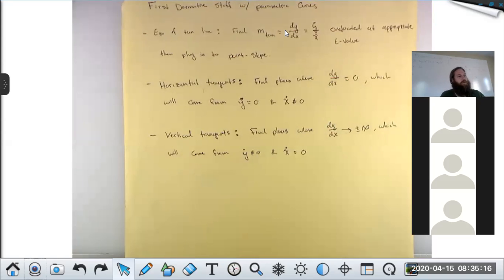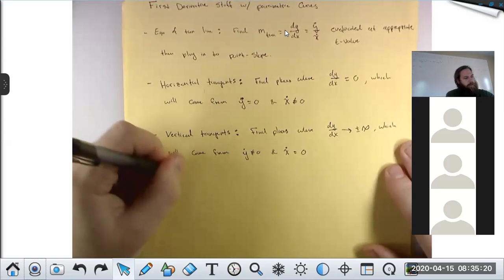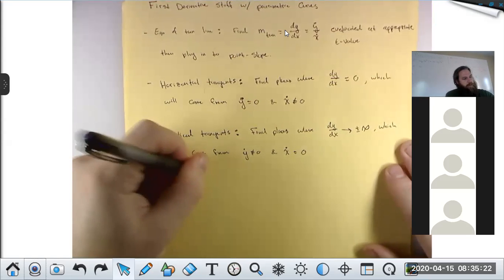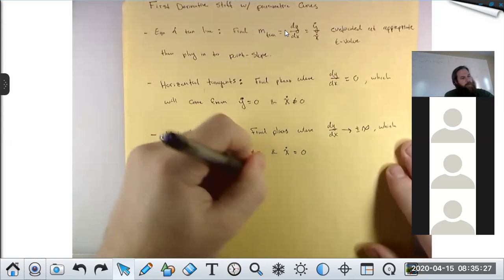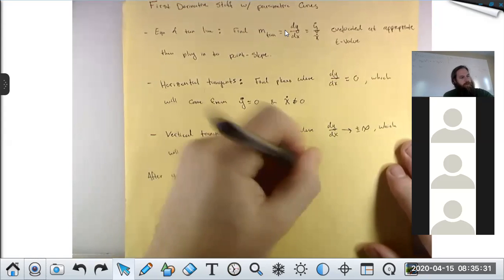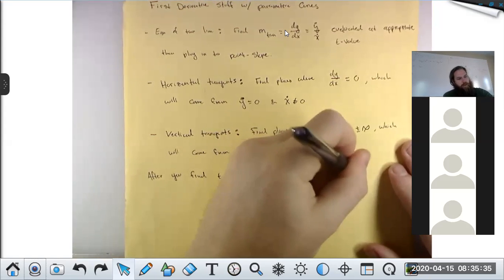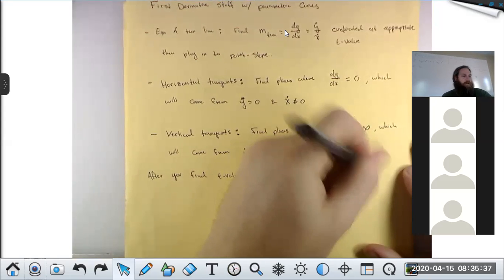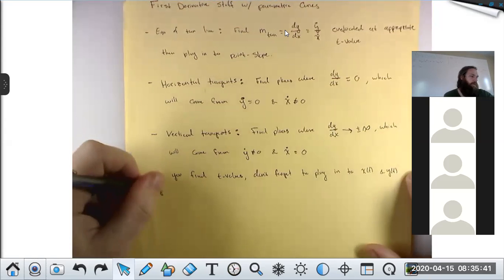So after you find those t values, don't forget to plug them back in to x of t and y of t to get the actual point.